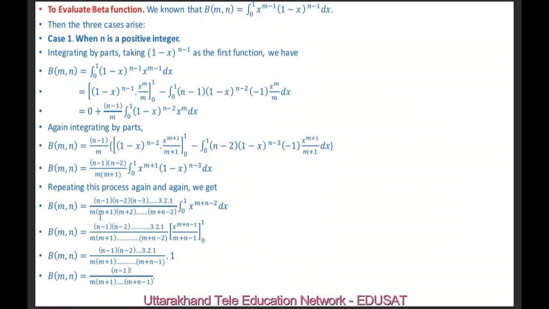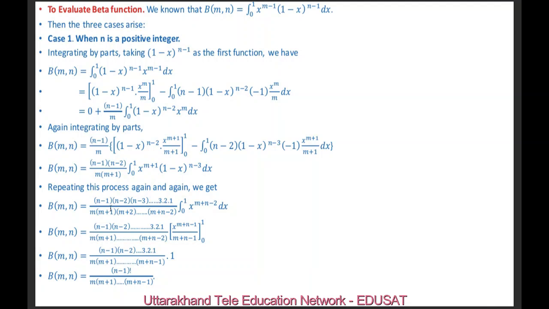And in the numerator, outside the sign of integration, in the first integration we had only one factor, n minus 1. In the second integration we have (n minus 1)(n minus 2), 2 factors. In the (n minus 1)th integration we will have n minus 1, n minus 2, n minus 3, down to 3, 2, 1, meaning n minus 1 factors.